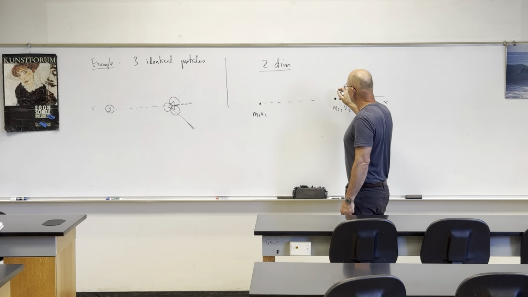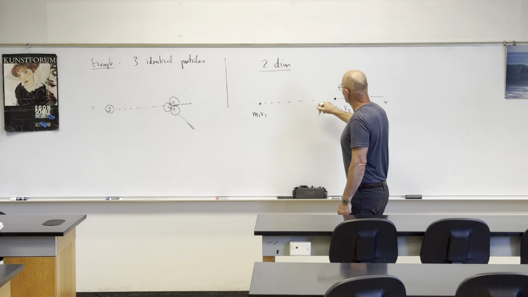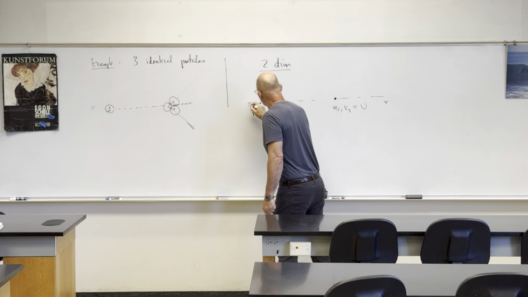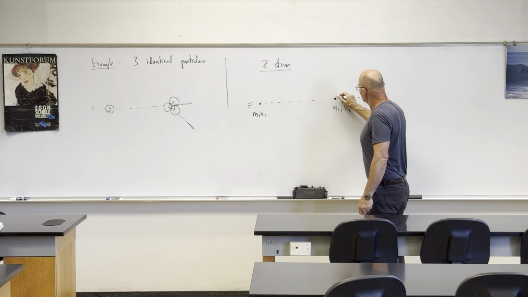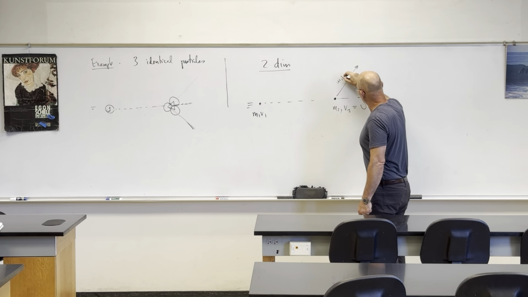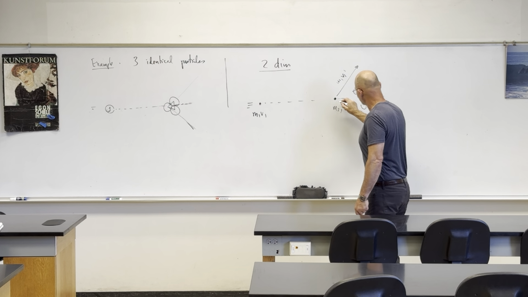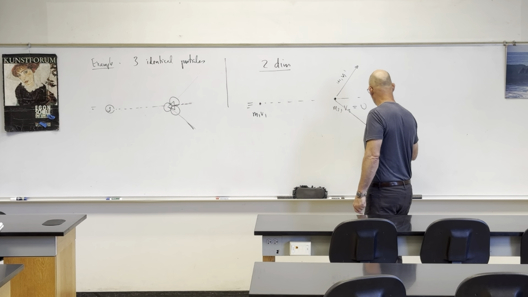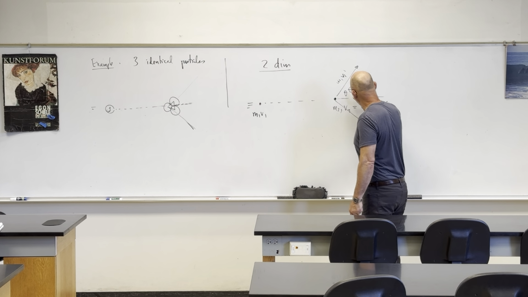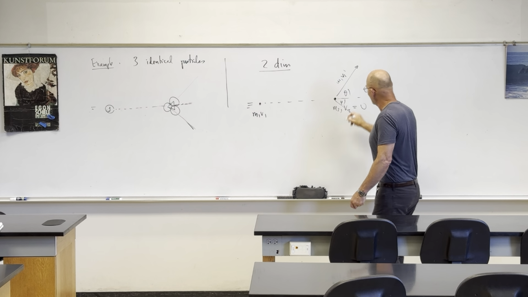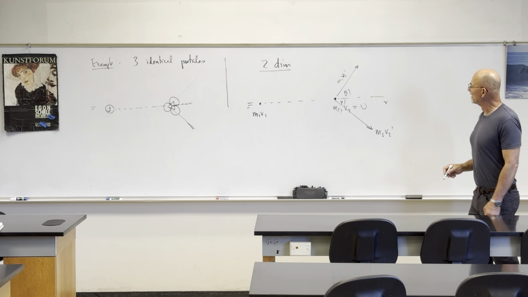So before the collision, this one's coming in at this target. After the collision, one of them goes in this direction, M1, V1 prime. One of them goes down here, M2, V2 prime. We can have, say, theta and phi as these scattering angles.